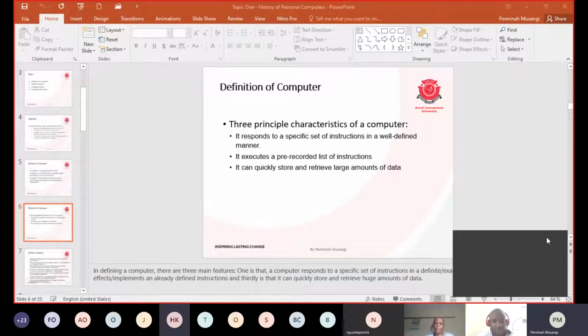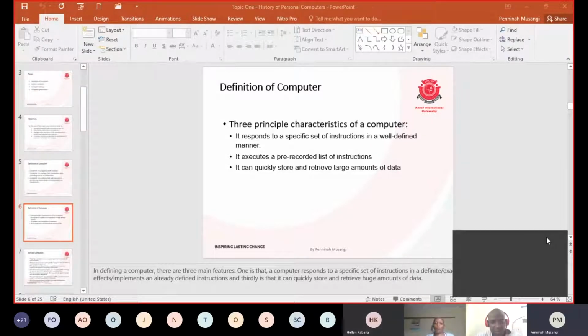So where did I lose you? At what point? Where you were defining computers. And did I start discussing the characteristics? Yes, the principal characteristics. Okay, fine. We are still there. I can go back a few steps.